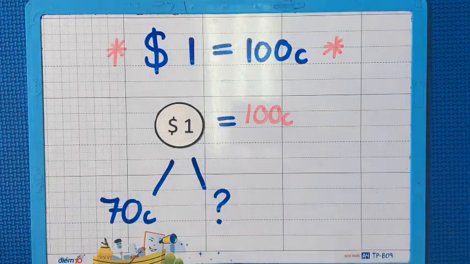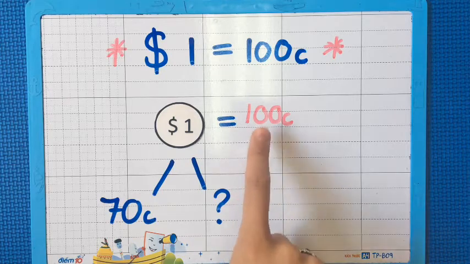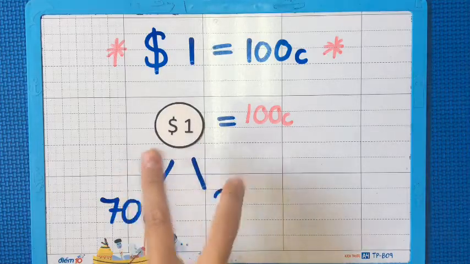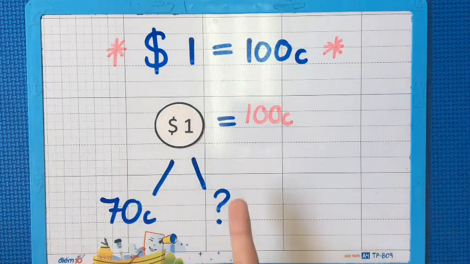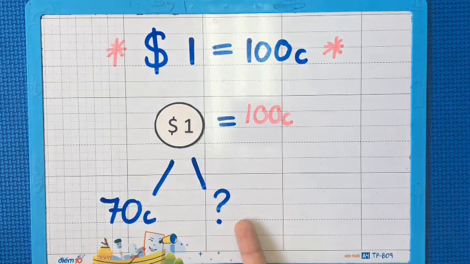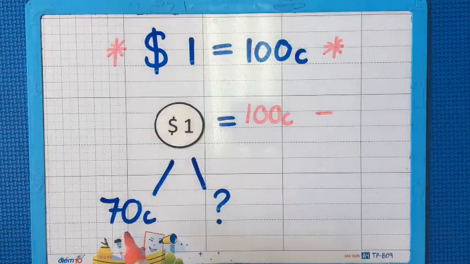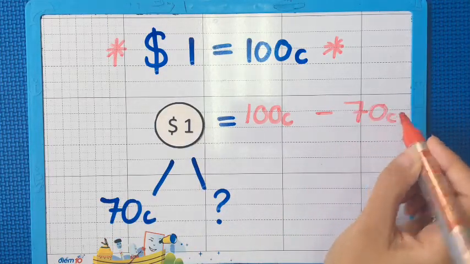So I change the top number. Now I need to find out this number. So I've taken 100 and I've broken it into 2 pieces. On this side I have 70, and I need to work out on this side what number I am going to have. So I can do a subtraction sum and take away the 70 that they have paid.